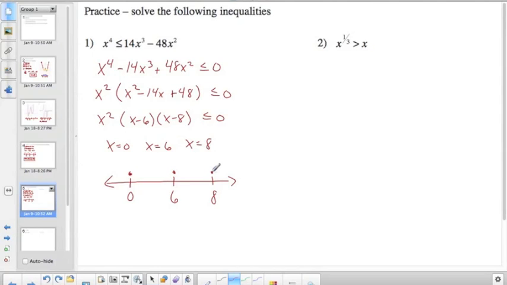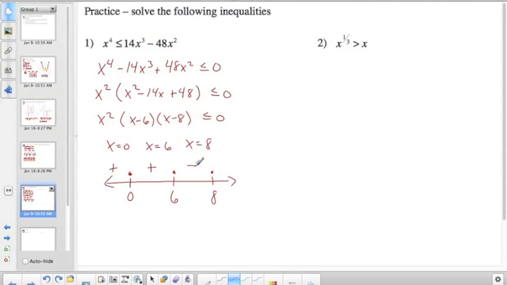To the left of 0, let's put a -1. So 1, -7, -9. So that's a positive. And then if I put a 1 in, 1, -5, -7, that is also a positive. And then I put a 7 in there, 49, 1, -1, that is a negative.